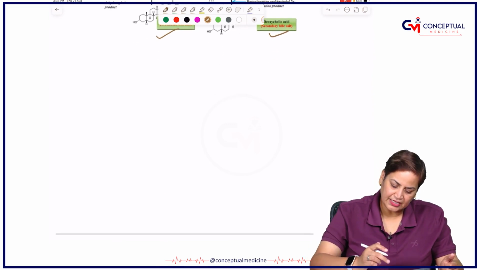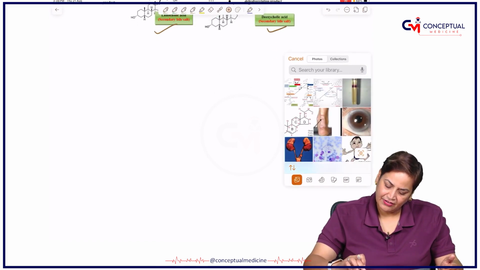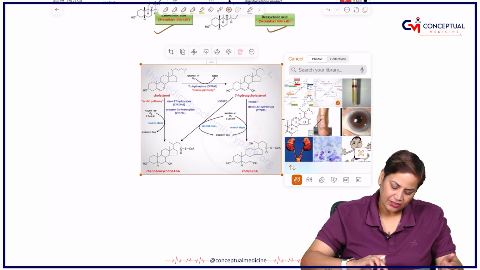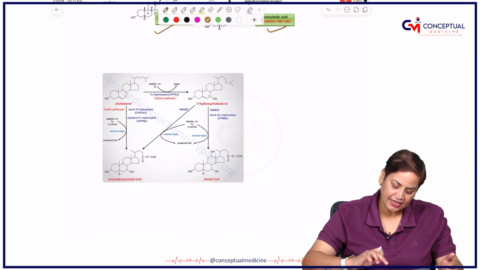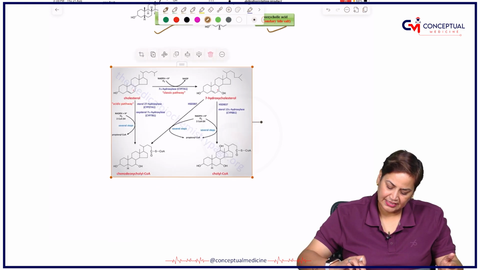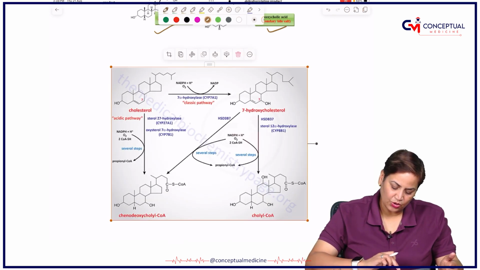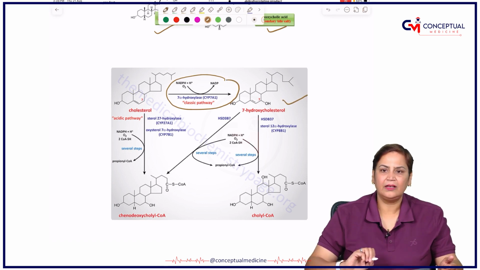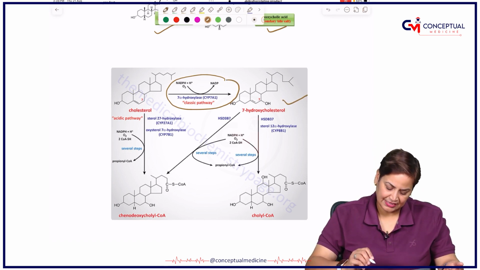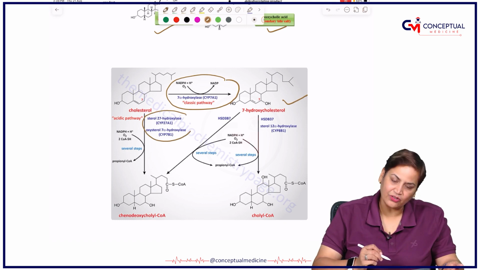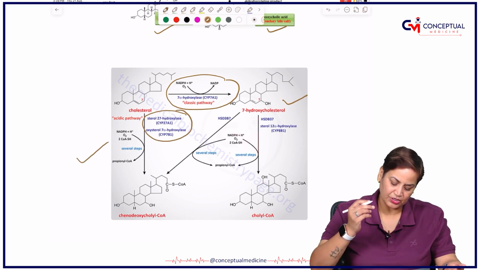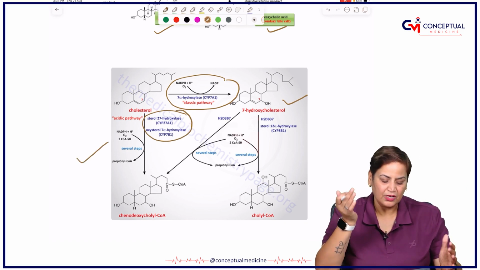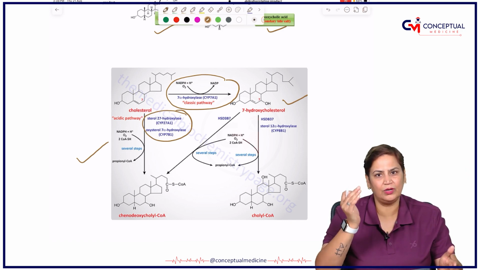And one more picture is there which depicts 7-alpha-hydroxylase, which I discussed in the starting, and 27-hydroxylase. So you can see here, if 7-alpha-hydroxylase is there, primary bile acids and secondary bile acids are there, but if 27-hydroxylase is there, it leads to the formation of the steroids. So this is the fate of cholesterol.